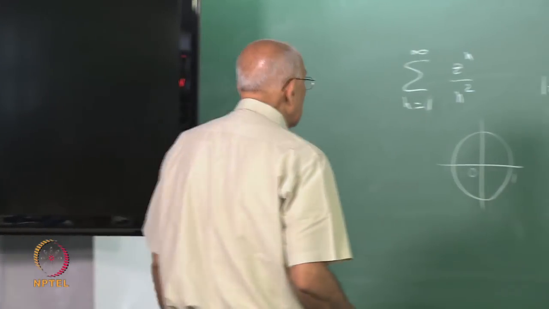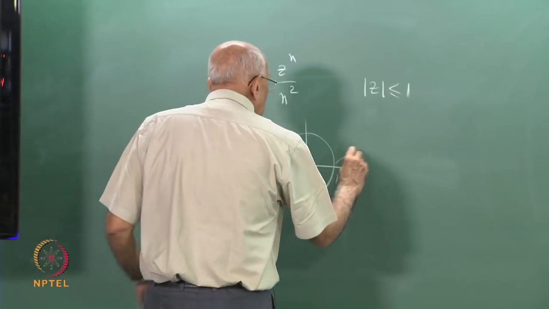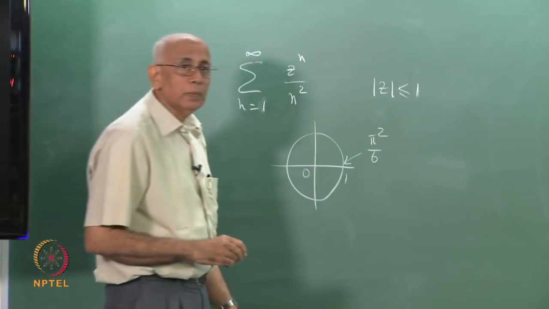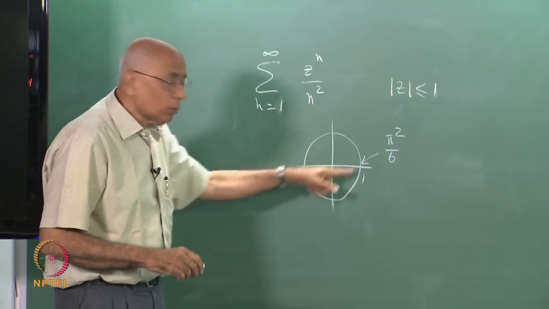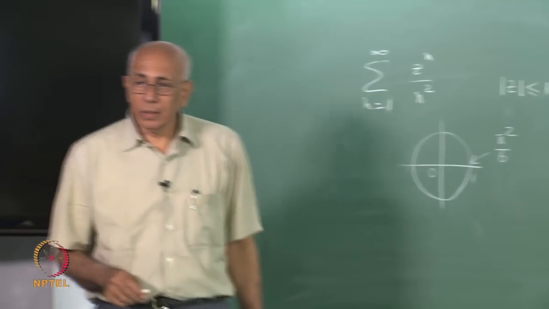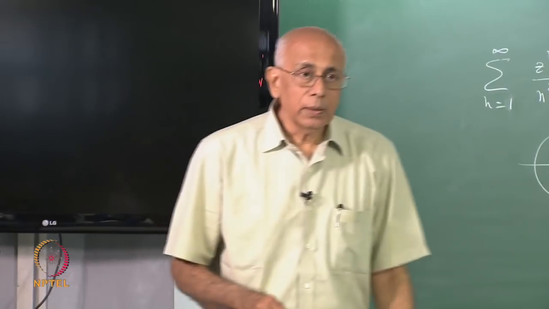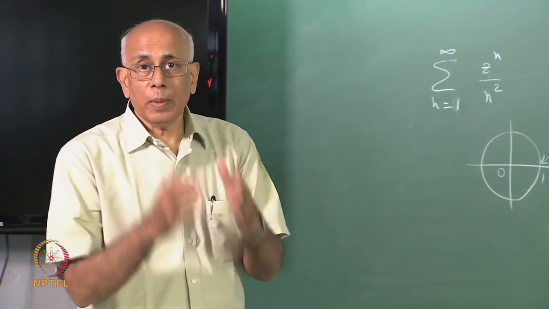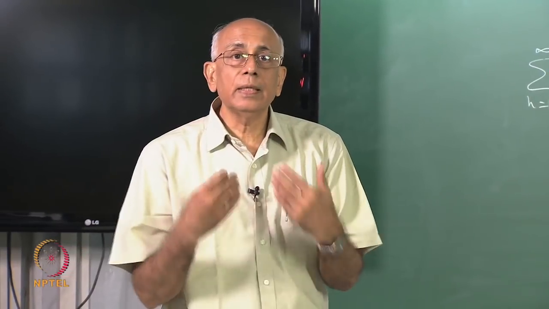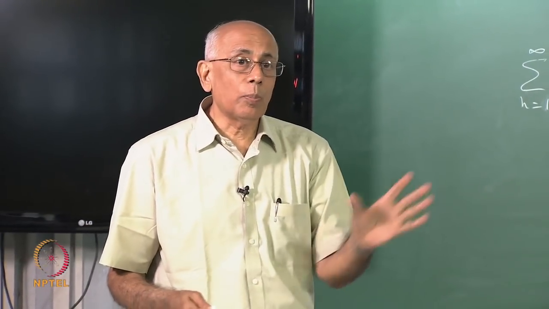So even at this point the value of the series is pi squared over 6, and everywhere else of course it cannot exceed this value, and therefore here is an instance where this function represented by this power series inside the unit circle also converges, the series converges absolutely at all points on the unit circle.